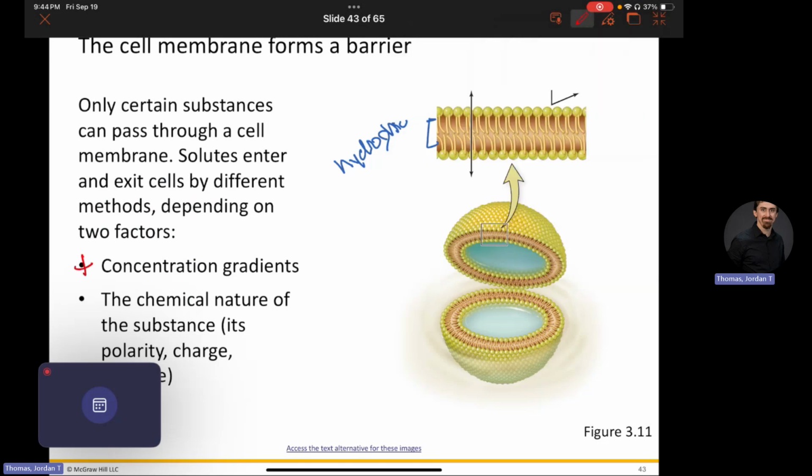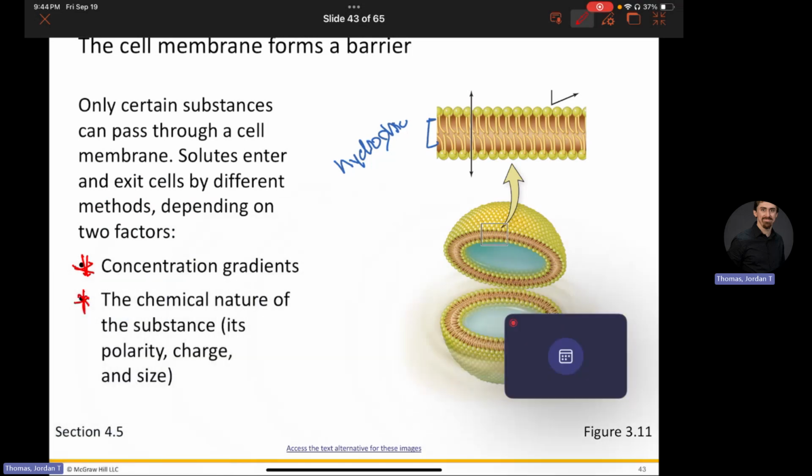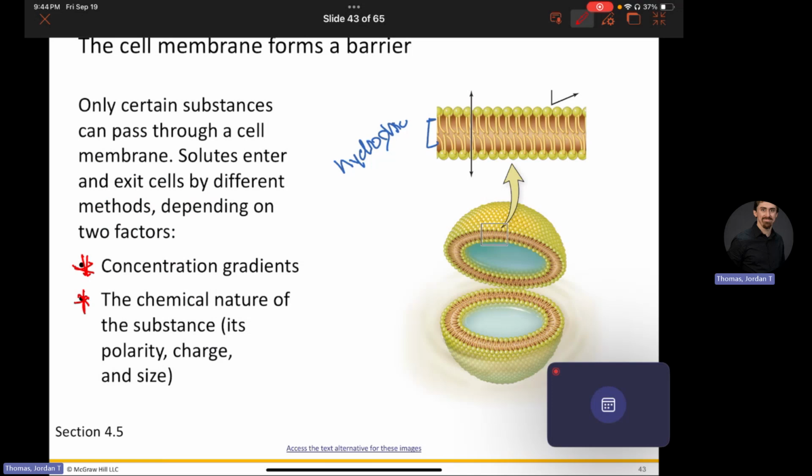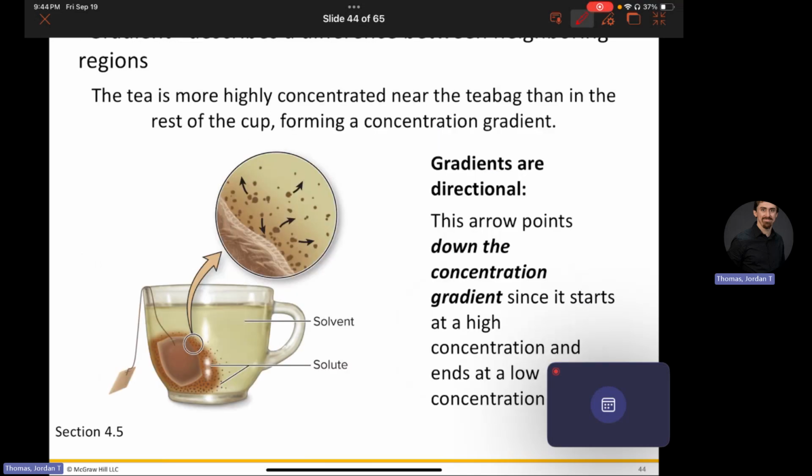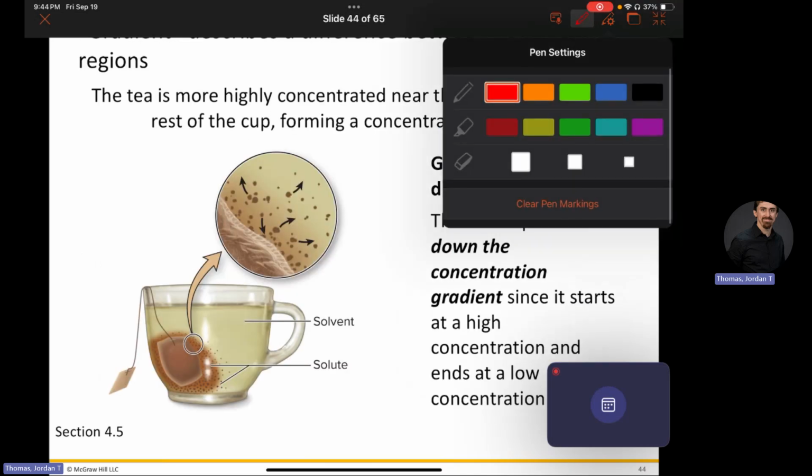One is the concentration gradient, and we're going to go over that in the next couple of slides. And the other is the nature of the substance. Is it polar? Is it charged? Its size? Is it big or small, and so forth? So we're going to look at all these today, and we're going to start with concentration gradient.